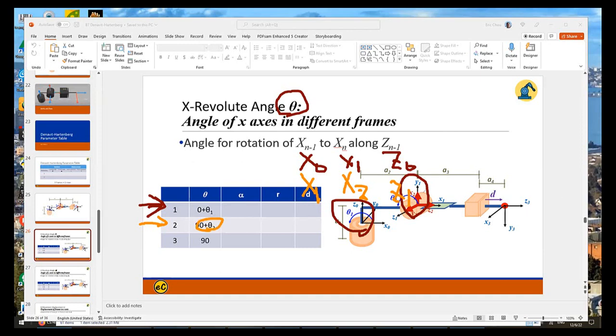So you use frame 0 and frame 1 to generate row 1. You use frame 1 and frame 2 to generate row 2. So 3 frames, 2 rows. Is that okay? Yes, I get it now.